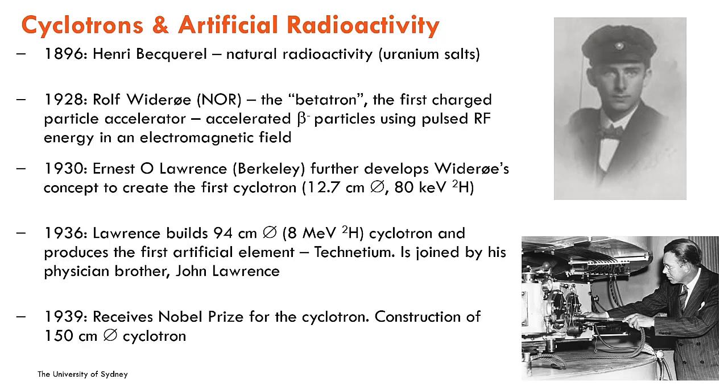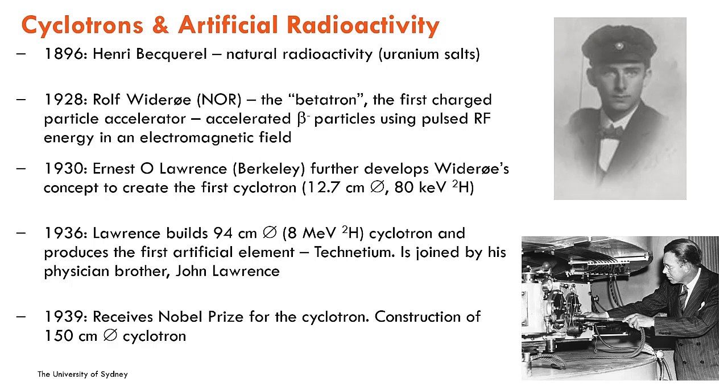This was picked up by Ernest Lawrence in Berkeley in the early 1930s, and he further develops this idea of accelerating particles to achieve high velocity and high energy, and creates the first cyclotron.